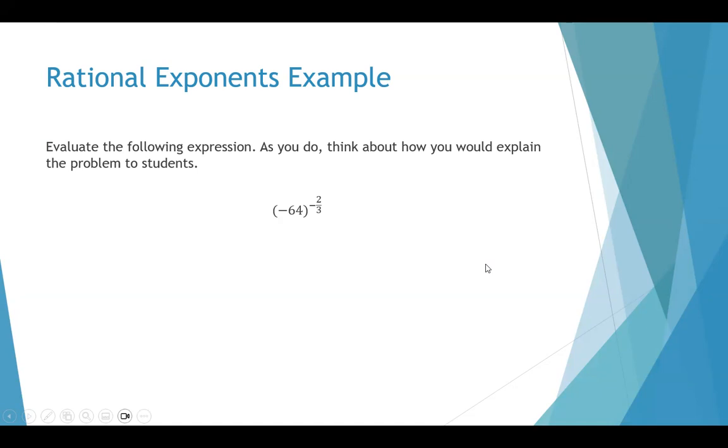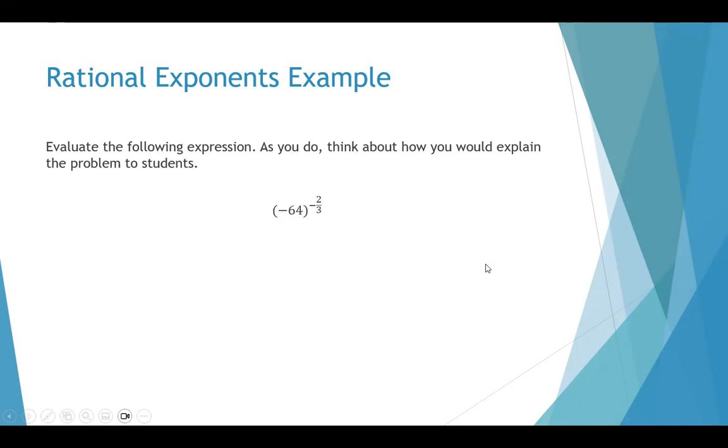So this is negative 64 to the 1/3 power, raised to the second power, to the negative second power. And then the cube root of negative 64 raised to the square. And you have to figure out, okay, what am I doing to the negative square?